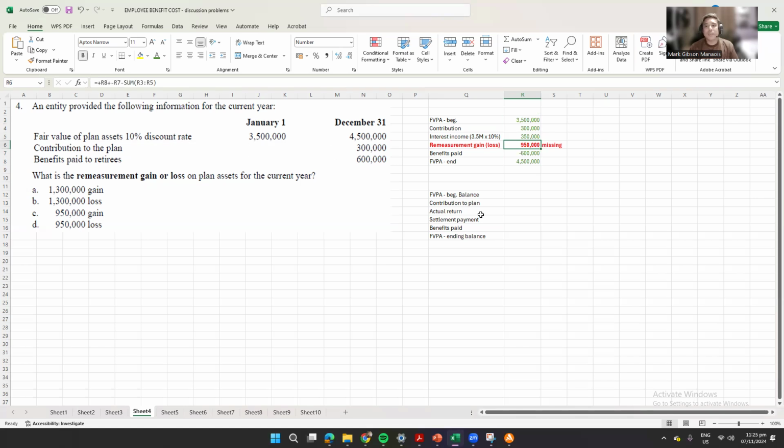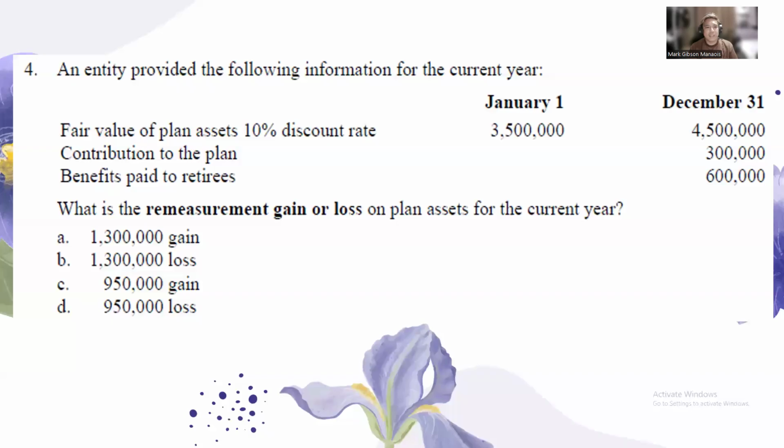Makukuha ngayon natin yung 950,000. So in this case, this is 950,000 gain. Okay? So, ayan, para mapatunayan, so we have 4,500,000. Okay? So this is problem number 4.